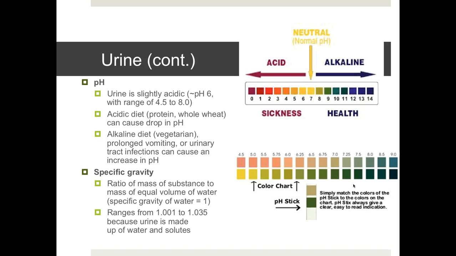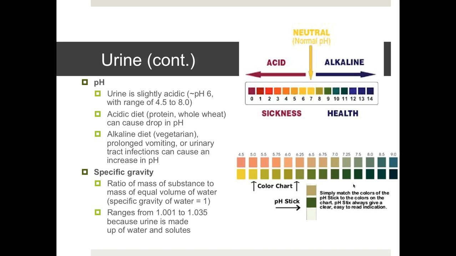When we are trying to get our ratio for specific gravity, it is the density of an object over the density of another object, almost in every case, the density of water. So what we're really measuring within urine is how much solute, the concentration of solutes that we have in urine. So we have our urine density over water density, and that gives us our specific gravity.